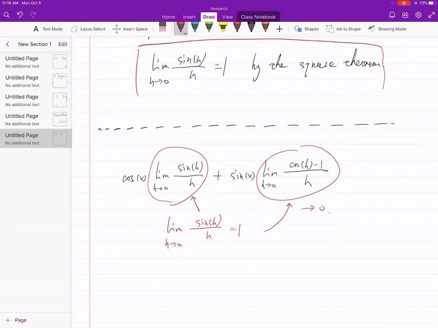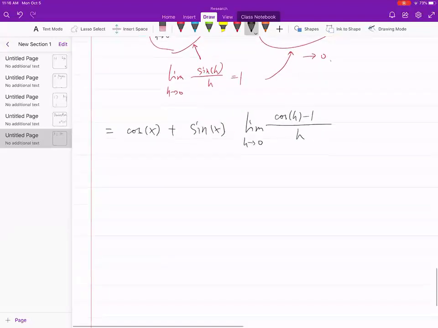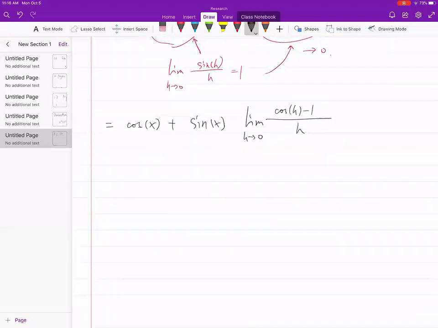Now, because of the fact we just found, we can finally say this 1 equals cosine x. With the second part, our next job is to show quickly this goes to 0.